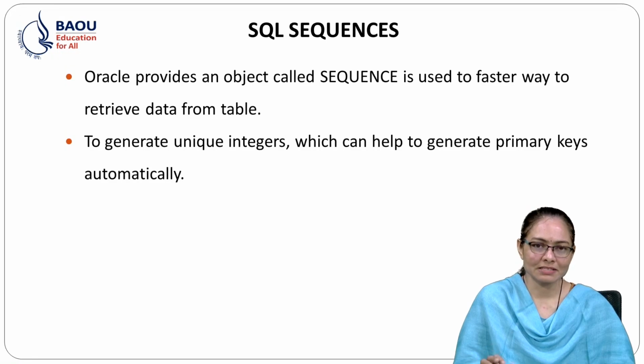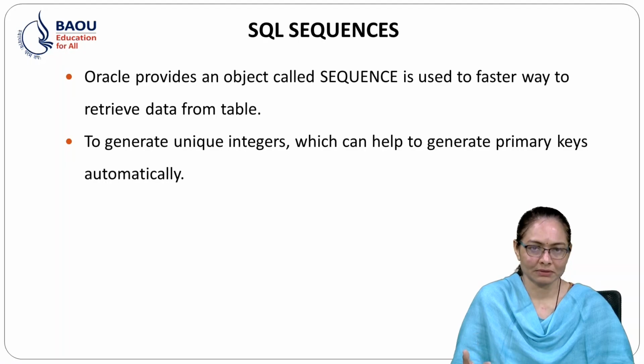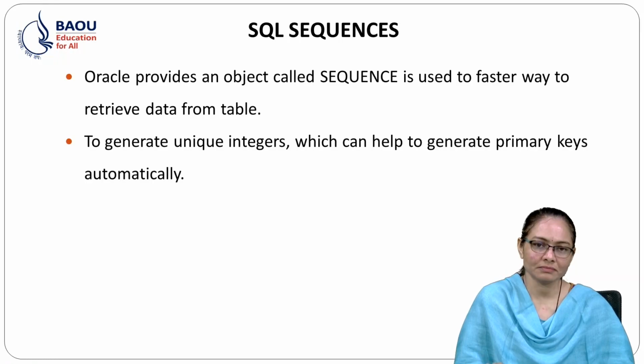The sequence is automatically generated, like 1, 2, 3, 4 in a roll number column. If we generate a sequence on a roll number column, then it will automatically generate the roll number. We can't insert the data in a roll number if we use the sequence.